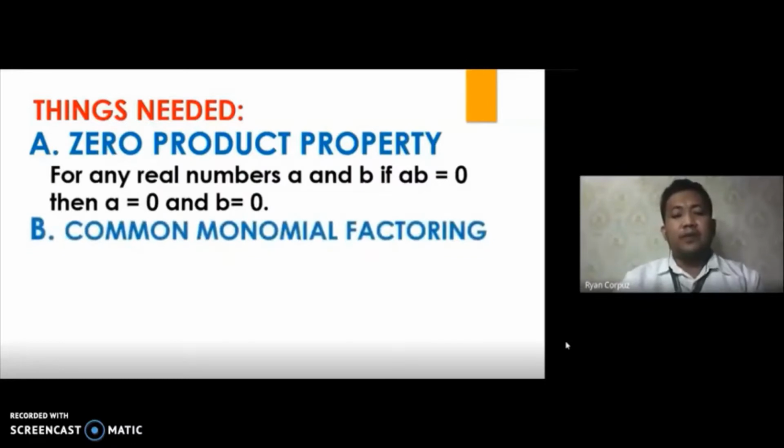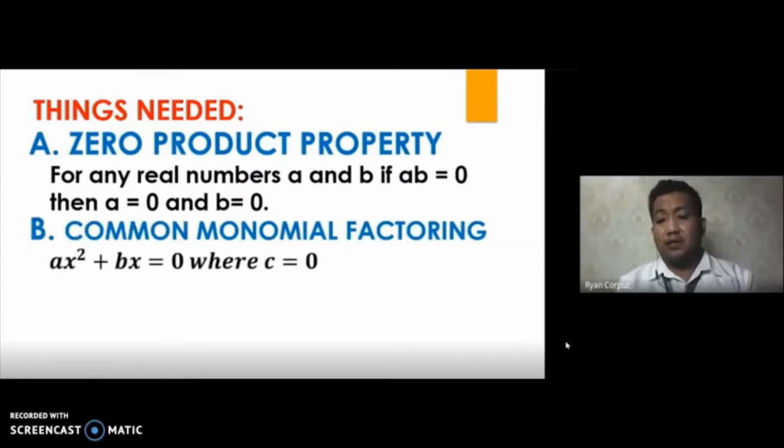Second, if the given equation is ax squared plus bx is equal to 0, where c is equal to 0, just like what we mentioned yesterday in yesterday's lesson, that kind of equation we can still consider as a quadratic equation.